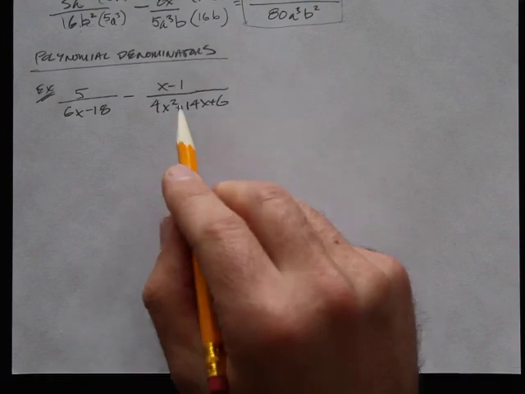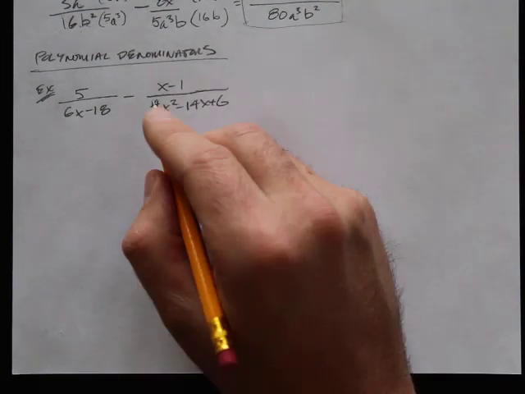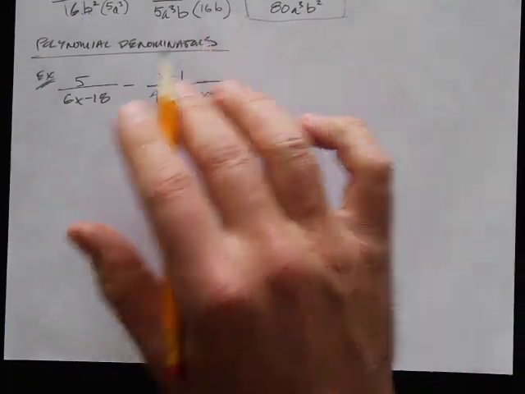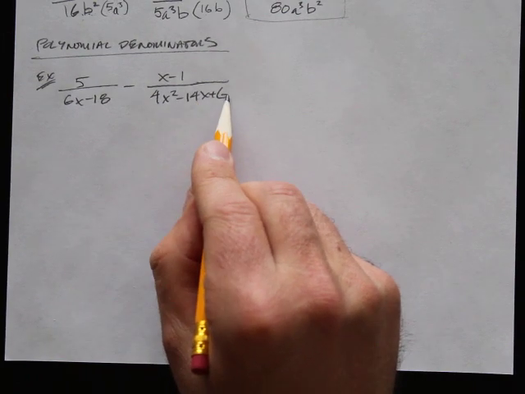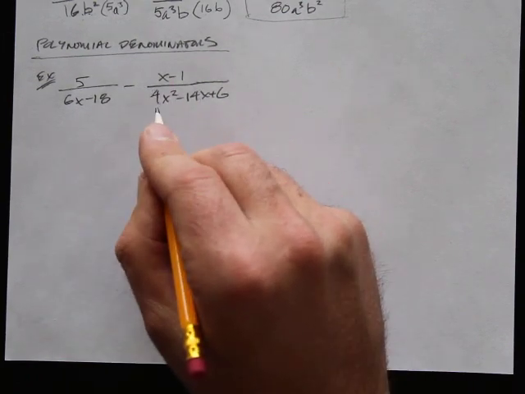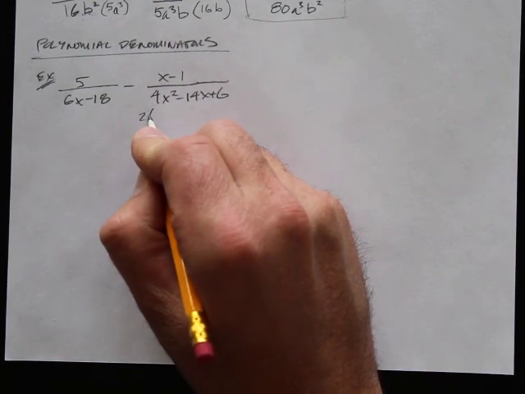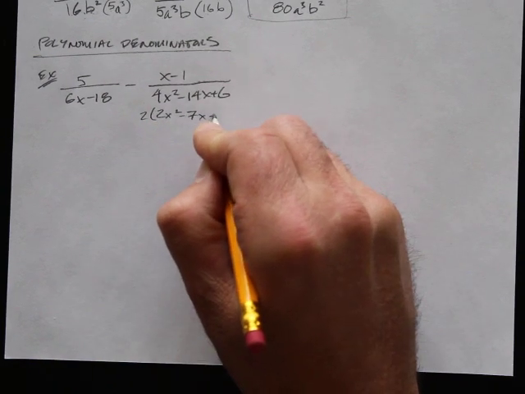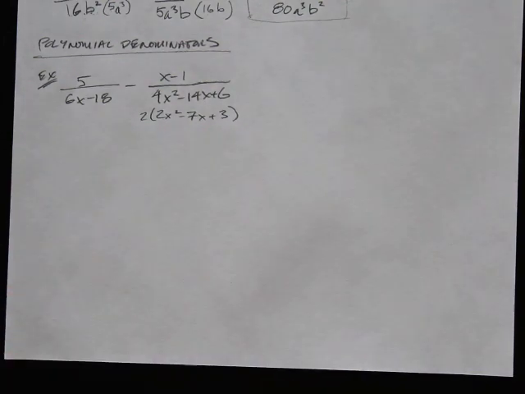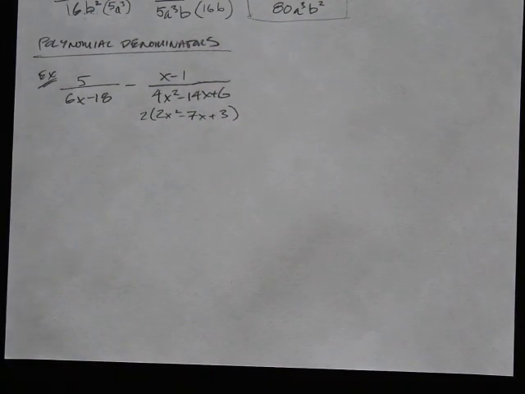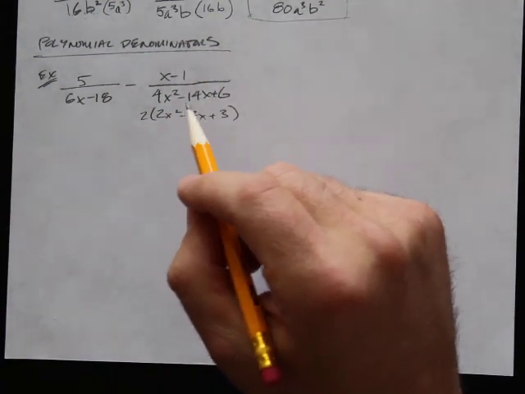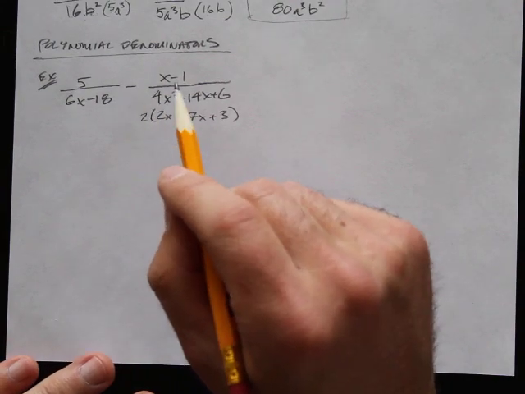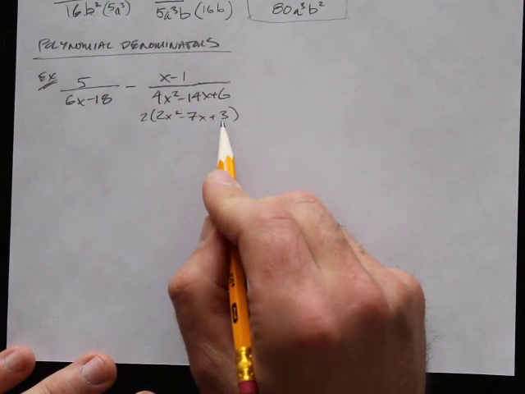Okay, let's factor this bottom out just to see what's happening. I can't pull a 4 out of here, but I can pull a 2. So this would be 2 times 2x squared minus 7x plus 3. I need to factor this even more.